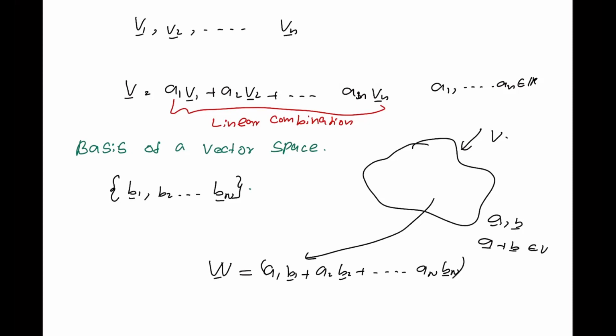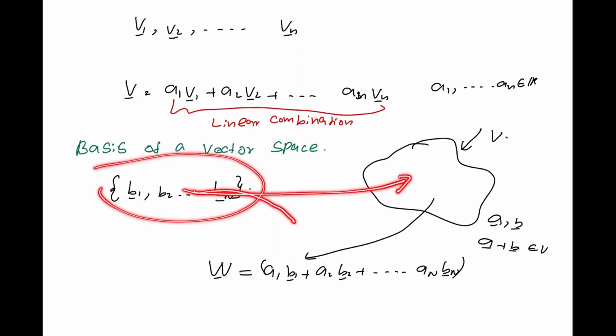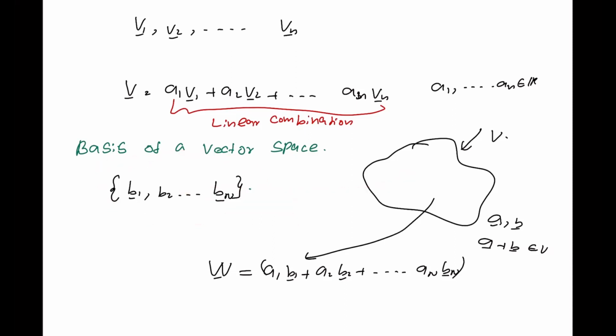It means if you take a basis set, you should be able to represent any vector in your vector space as a linear combination of your basis vectors. You can have any number of vectors in your basis, but if you can represent any vector inside your vector space using these basis vectors, you call it a basis set, or a basis for your vector space. Basis for V means that if you take any vector in V, you can decompose it into a certain combination of your basis vectors.